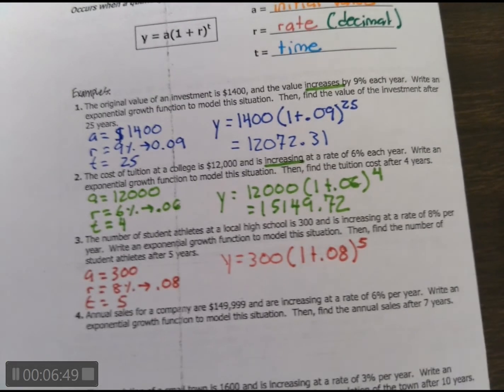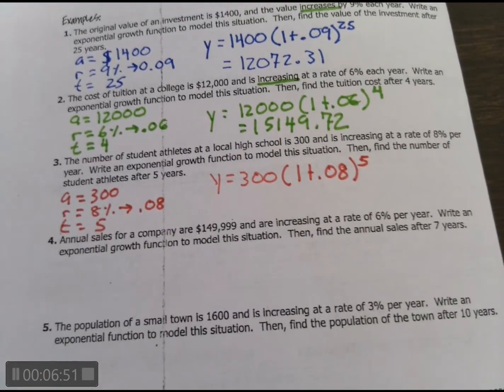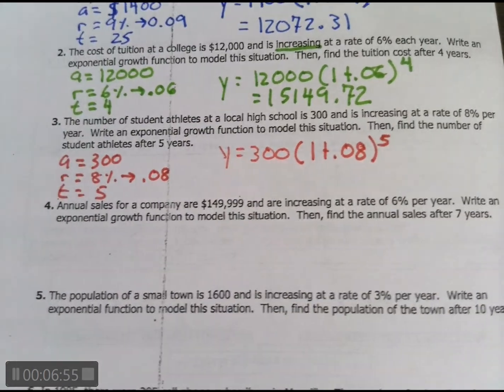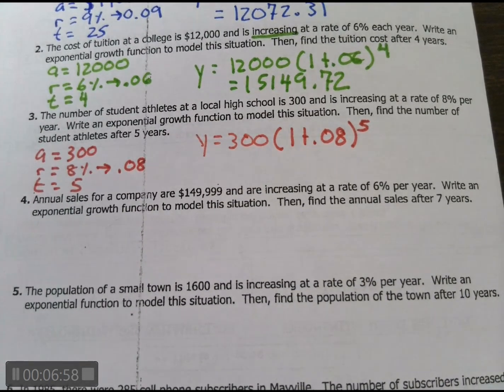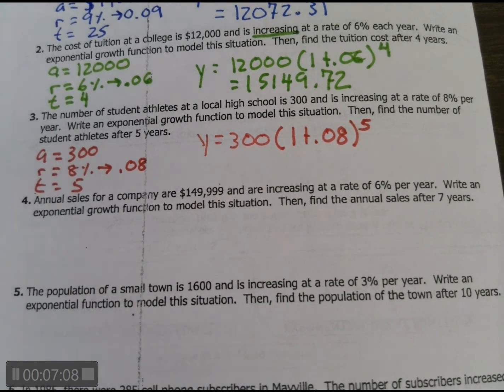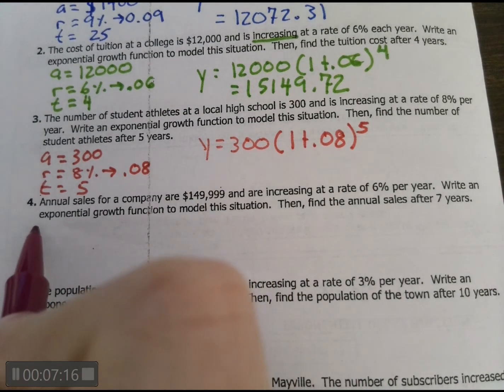We're going to move on to number 4. So for number 4, we have annual sales for a company of $149,999 and increasing at a rate of 6% per year. Write an exponential growth function to model this situation. All right, so you guys, what is my A?